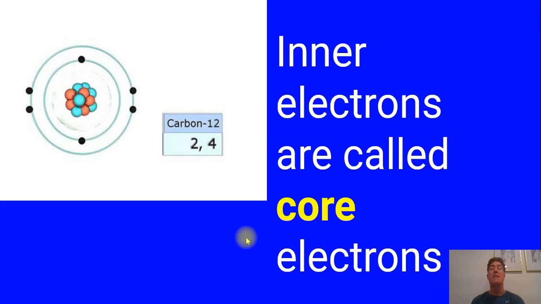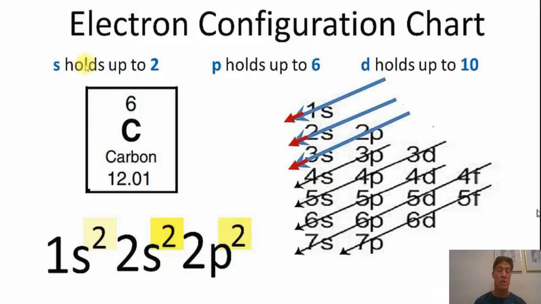Okay, we distinguish between inner electrons and valence electrons. The inner electrons, the ones closest to the nucleus, are known as core electrons. So here in carbon, remember back, we see that this one shell is closest to the nucleus.